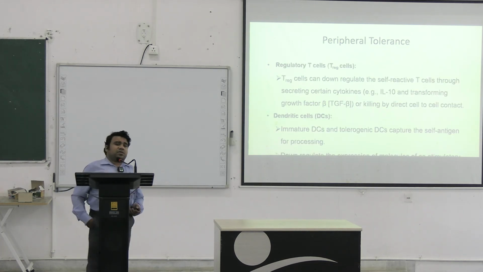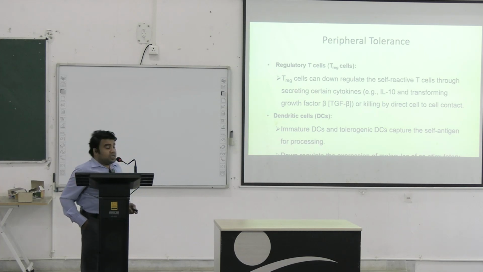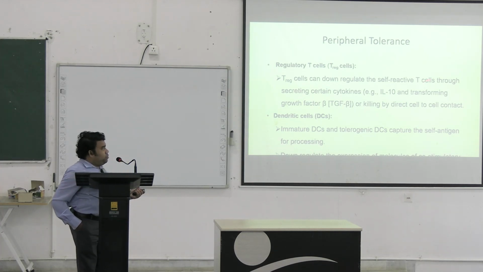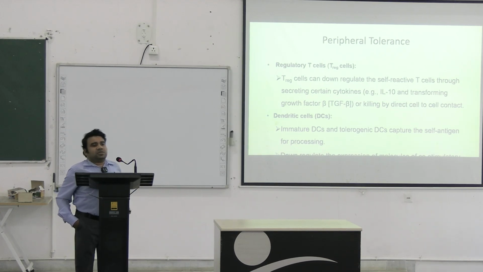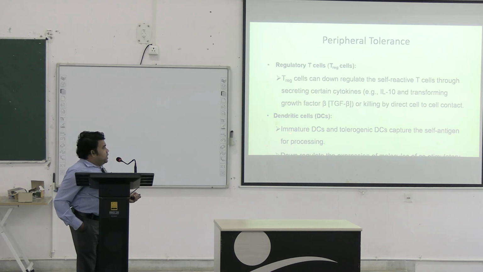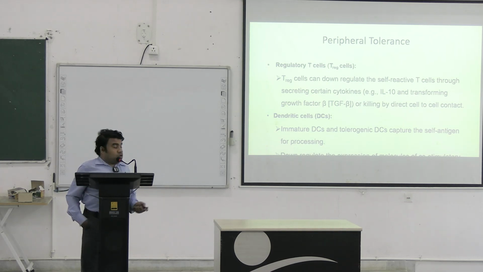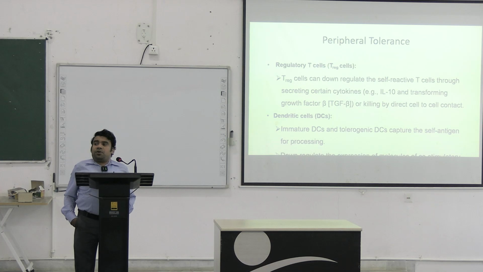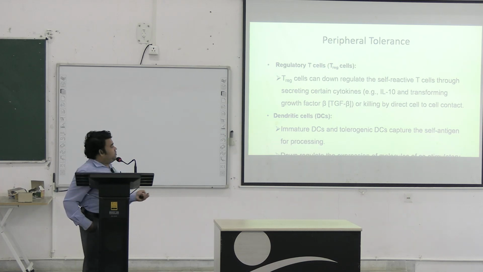Similarly, another type of cell is called the T regulatory cells. These types of cells can down-regulate the cells. It's a control mechanism within the T cell immune system. And dendritic cells, immature or tolerant dendritic cells, will not process the self antigens.